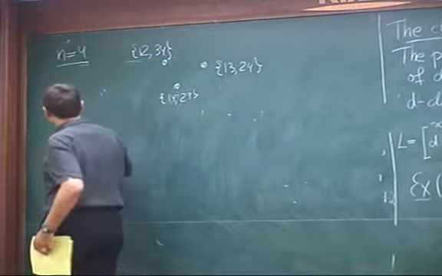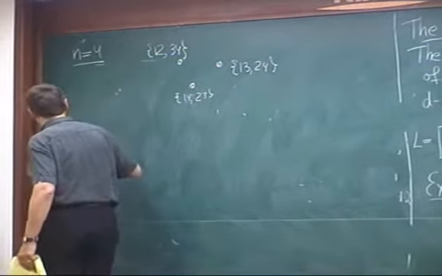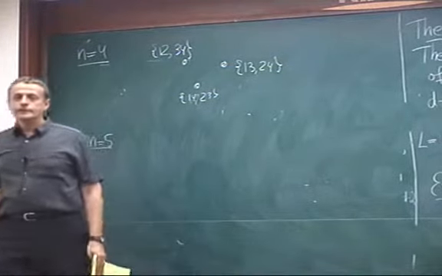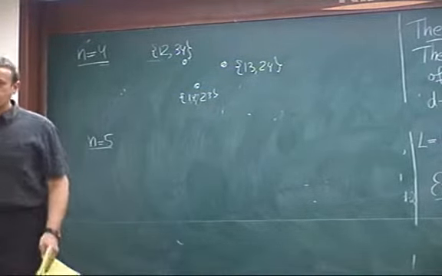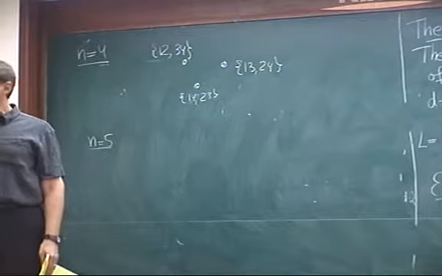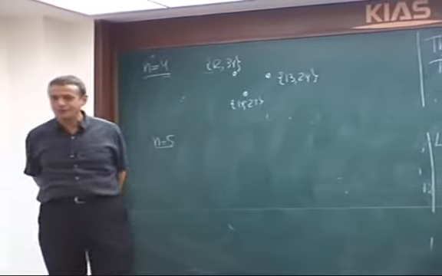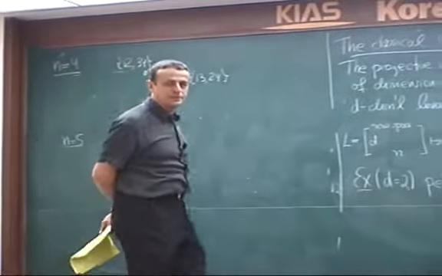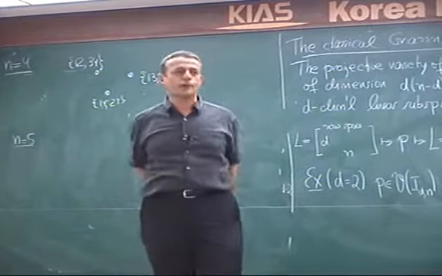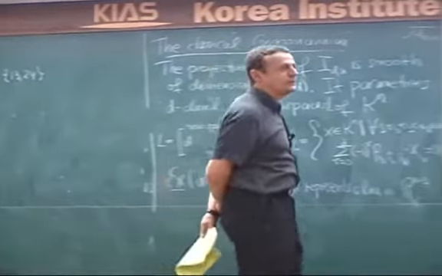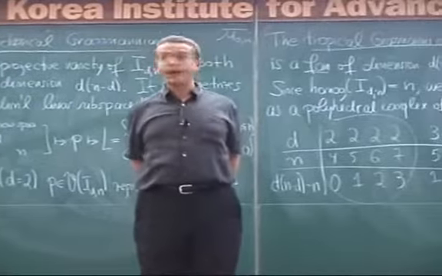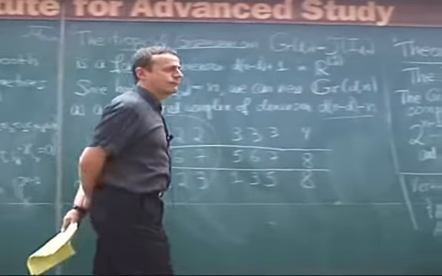So let's do the next case, n equals 5. The GFAN expert is now ready to go. There are 5 Plücker relations. The Plücker relations are P12 P34 minus P13 P24 plus P14 P23, and P12 P35, and so on.